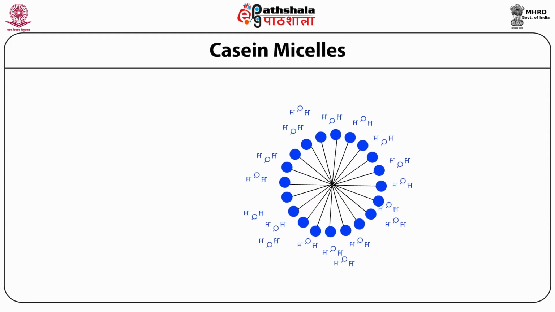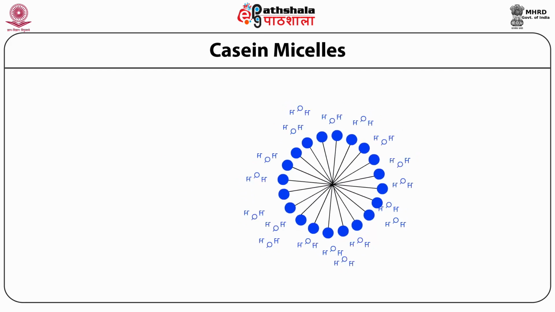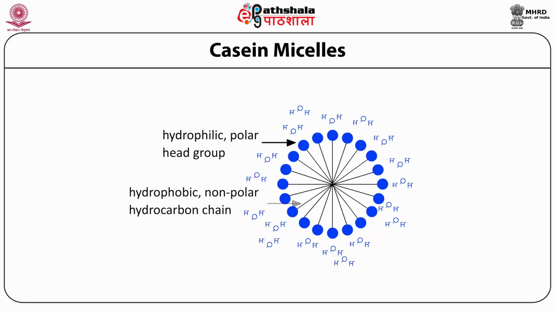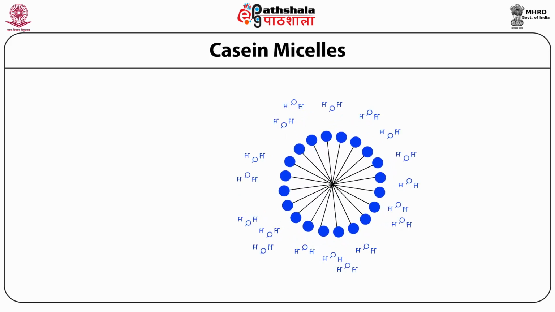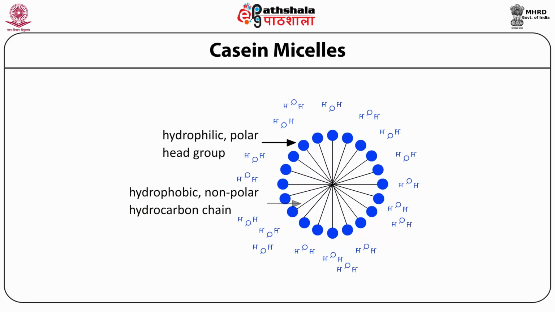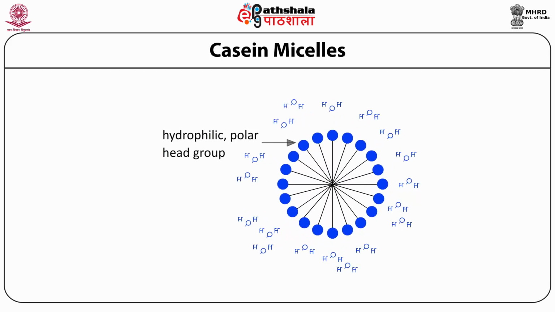We can see from the accompanying diagram that the caseins are arranged into big molecules which have two structures, a hydrophilic polar head group and a hydrophobic non-polar hydrocarbon chain. Conditions which subdue the hydrophilic polar head group cause clumping or curdling of casein.